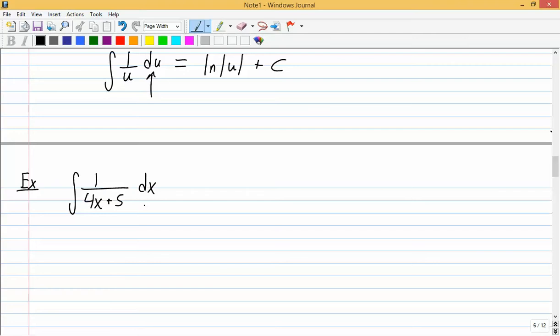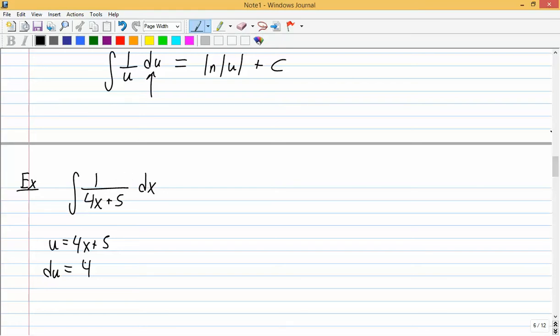And the way that you can check that is, let the denominator be your u, take your du of that, and then if the du has a variable part, you would want to look for that variable part in the numerator. If the du doesn't have a variable, if it's just a constant, then make sure you just have a constant in the numerator. Alright? And so, as long as there's just a constant here, there's no other variable, then this is a natural log integral.